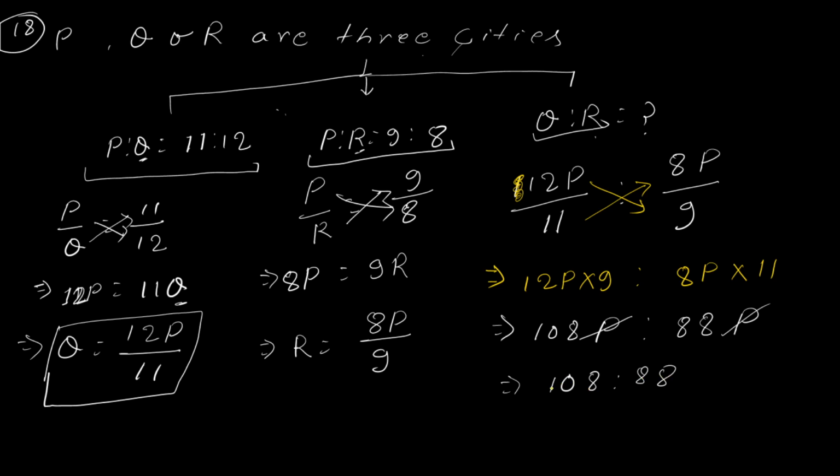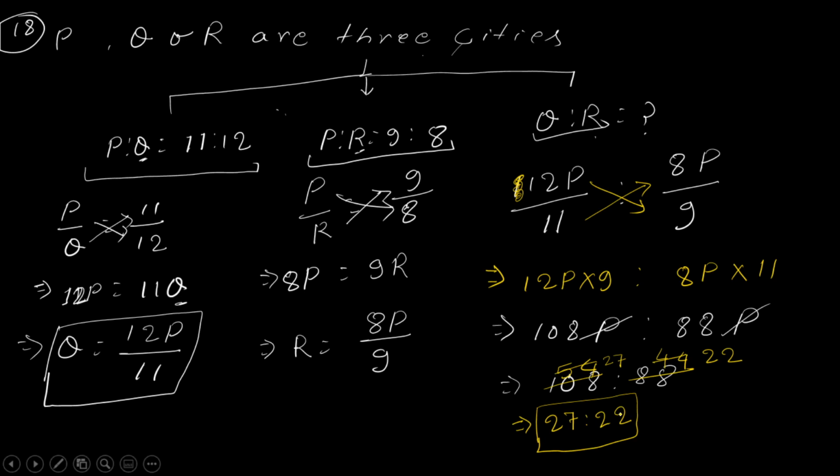So let's say we divide both sides by 2. 2 5s are 10 and 2 4s are 8. Again we divide by 2. 2 2s are 4 and 2 7s are 14. So 27 is to 22. Yes sir, option is there. B is the option.